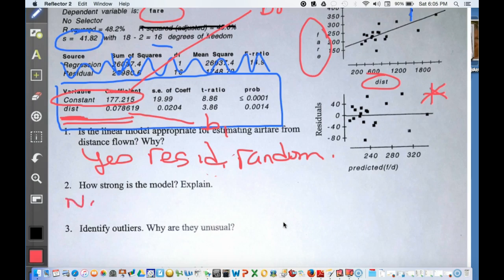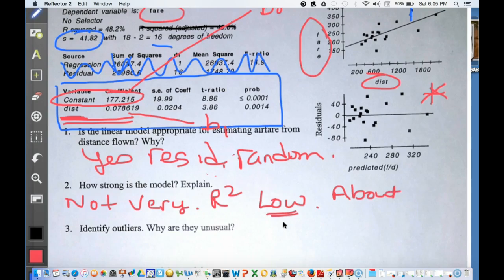So we would say not very, and we'd finish up by saying r squared is low. But there's more that we'd have to say. We should continue with about 48% of the variation in y, which is fare, is explained by variation in distance. And this is low, so it would be bad for prediction.